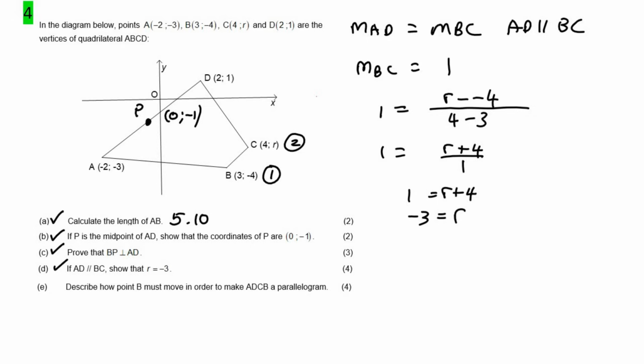Question E. Describe how point B must move in order to make ADCB a parallelogram. So at the moment, it's definitely not a parallelogram. But if we could move B a little bit further down, maybe like over there, for example, then we might be able to get some type of parallelogram shape.